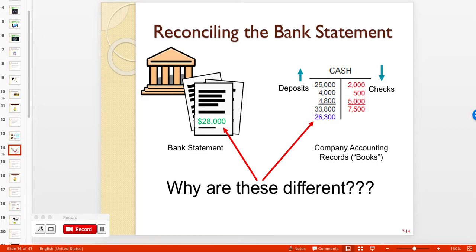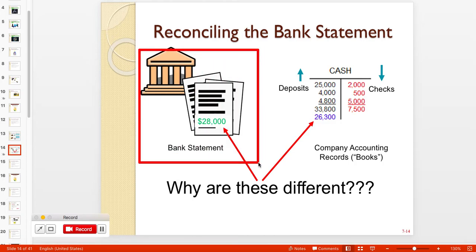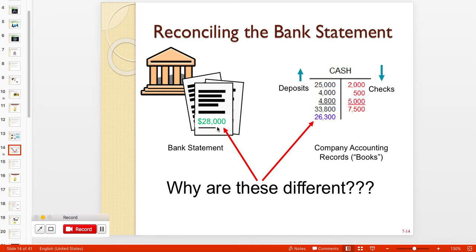Every month, the bank sends a company a bank statement, and this can be a paper bank statement or it can be electronic. That bank statement will show everything that the bank has on record for that company, all the ins and the outs, as well as the final balance of what the company had at the bank at the end of the month.